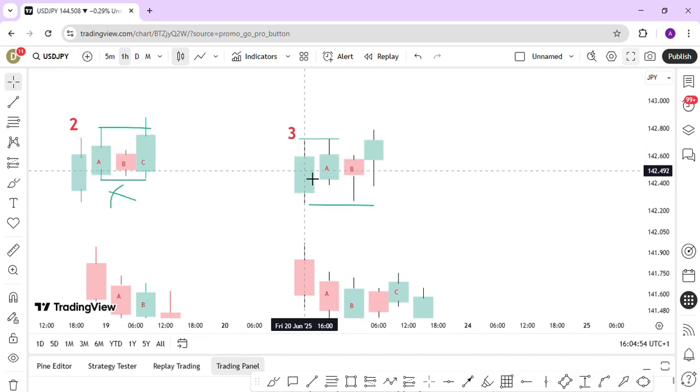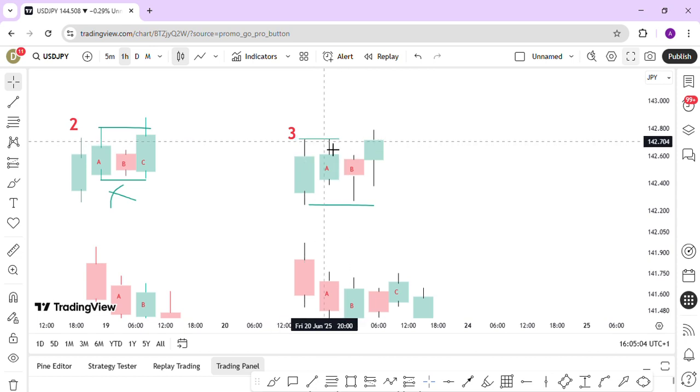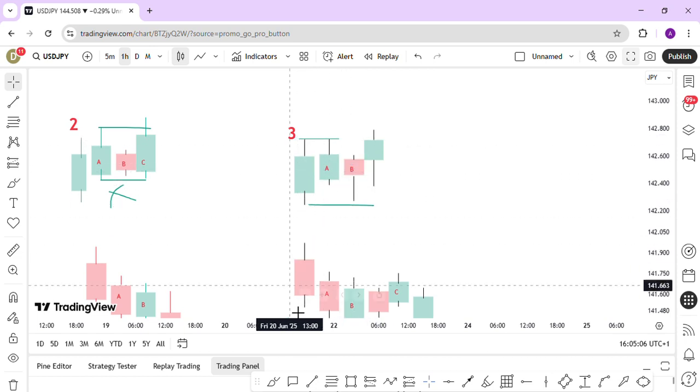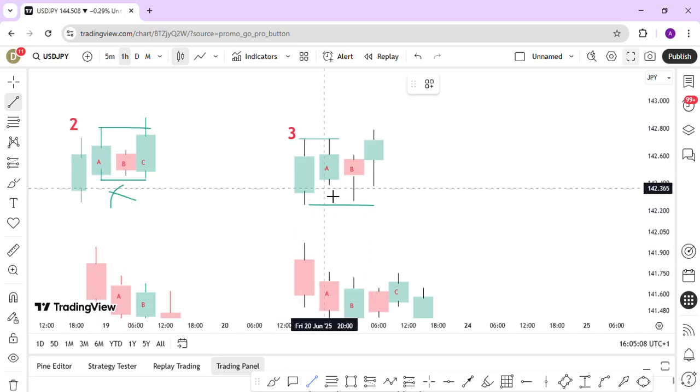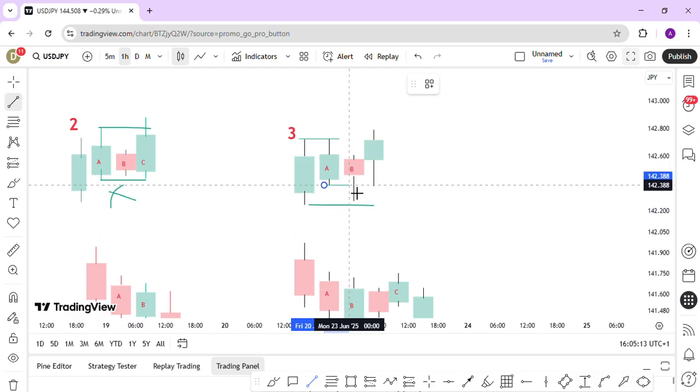In this situation, we are not going to wait for any candle to come below this one. We'll be using this because both this and this are at the same level at the top. So any pullback below this A will serve as our valid pullback. And as you can see, B takes out the low of A.